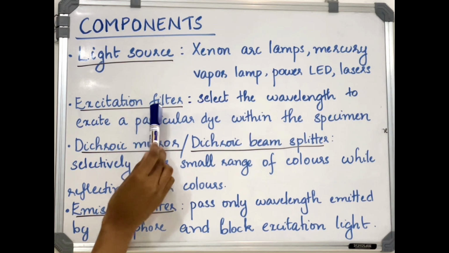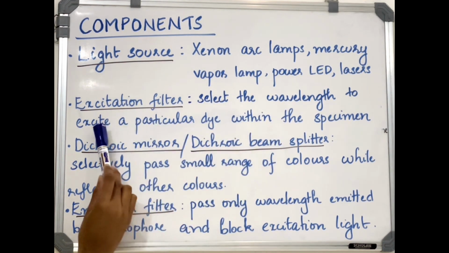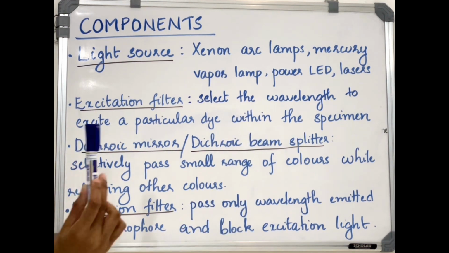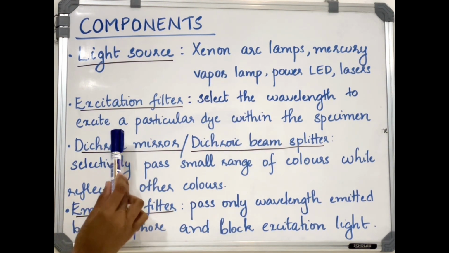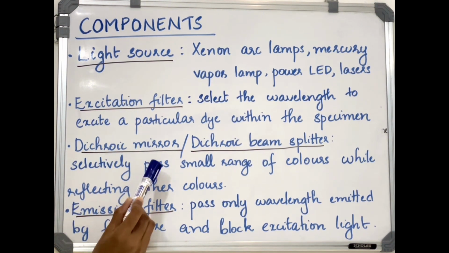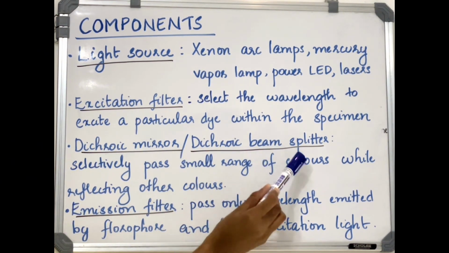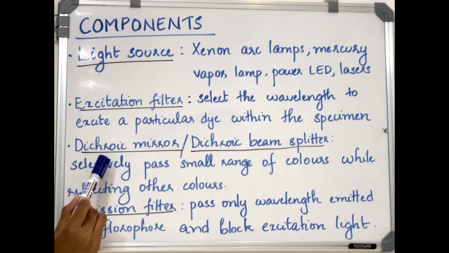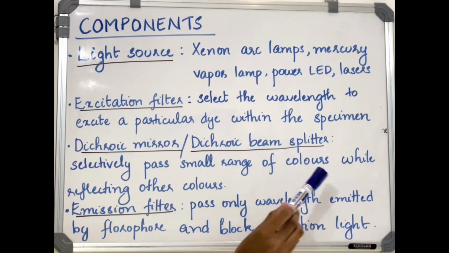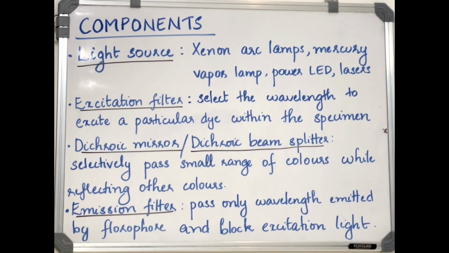These filters select the wavelength to excite a particular dye within the specimen. Then there is the dichroic mirror, also called a dichroic beam splitter. This is a color filter that selectively passes a small range of colors while reflecting other colors.